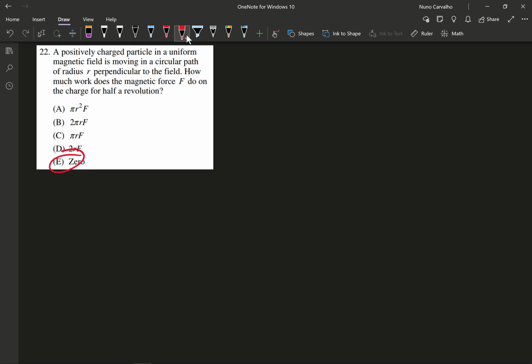And why is that? Because think about it. If a charged particle is moving with this velocity here, it can only ever feel a magnetic force that's perpendicular to it, okay? And then that means that all the magnetic force can do is change the direction of the velocity, not change the magnitude. So the speed does not change. And then think about it.